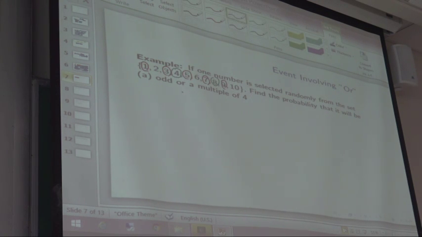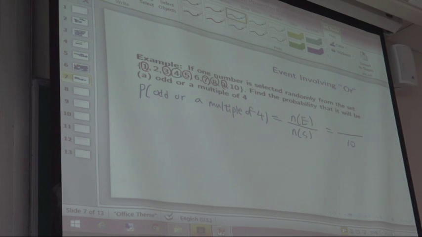Then the total set, when you get the probability of odd or a multiple of 4, if I say this event is E, we count the number of elements in the event E over the number of the sample. The total sample is 10, from 1 to 10.